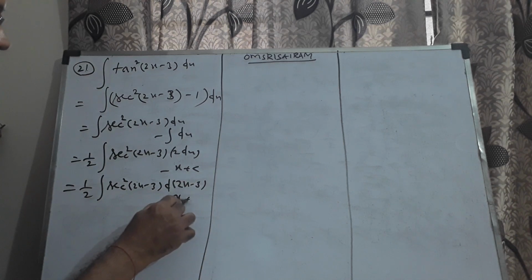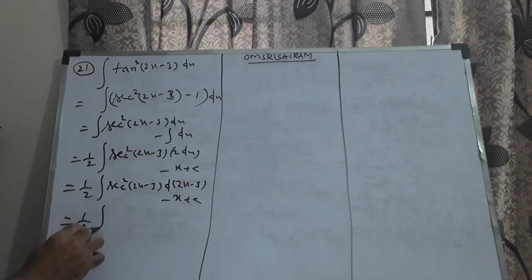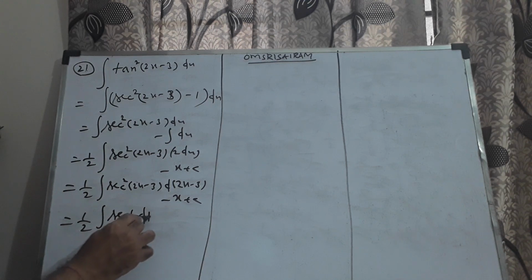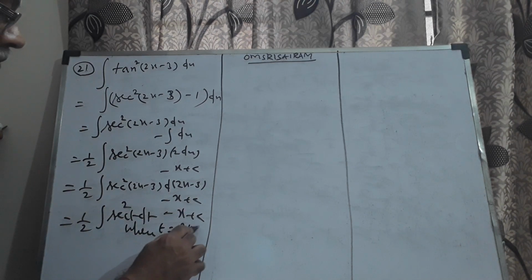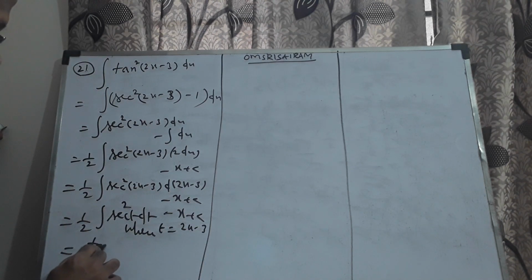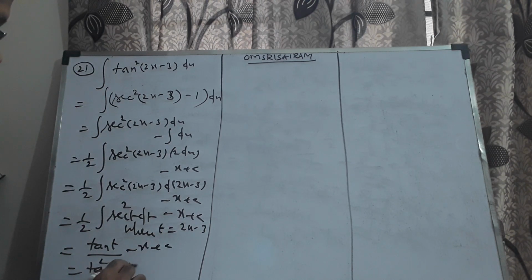Only for the first integral, I have half integral secant square t dt minus x plus c, where t is 2x minus 3, which is tan t by 2 minus x plus c, which is nothing but tan of 2x minus 3 by 2 minus x plus c.